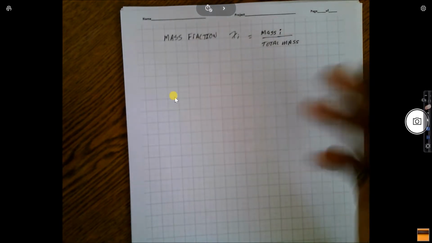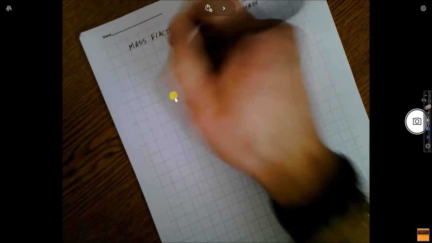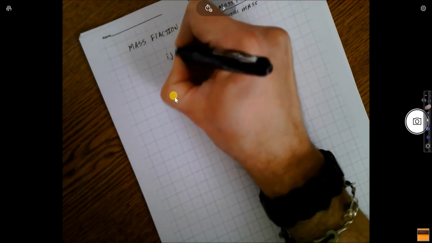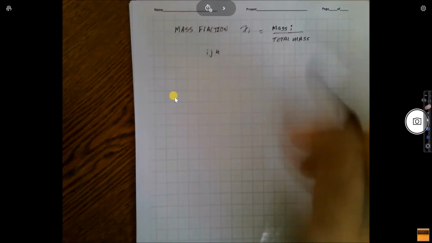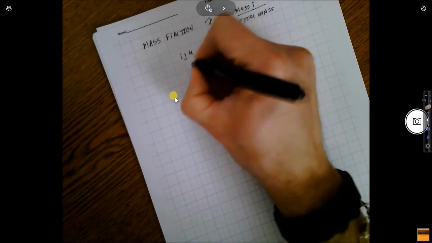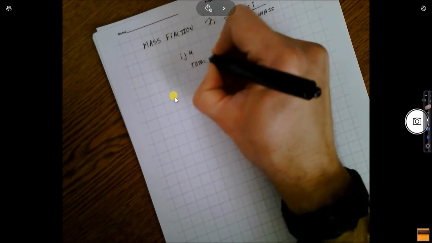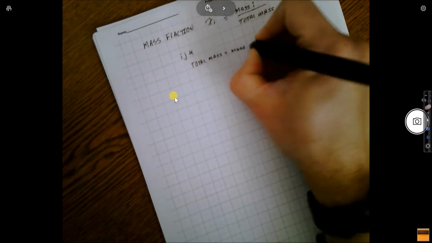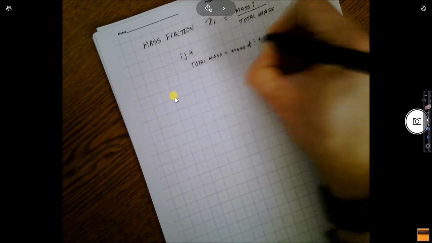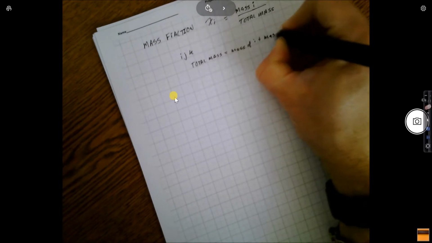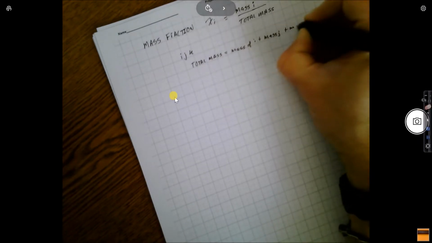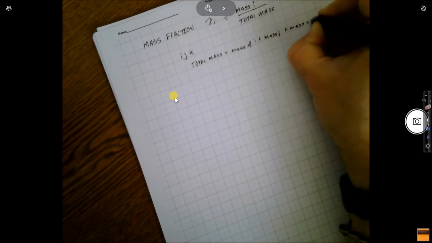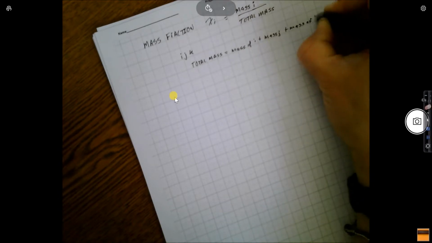This assumes that you have species i, j, k, so the total mass is the mass of i plus the mass of j plus the mass of k.